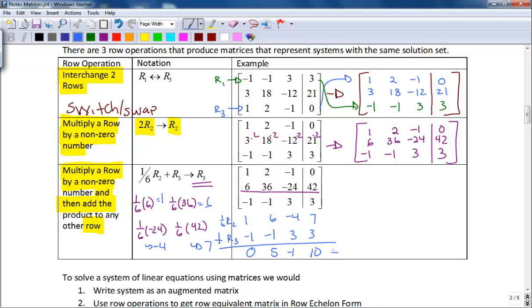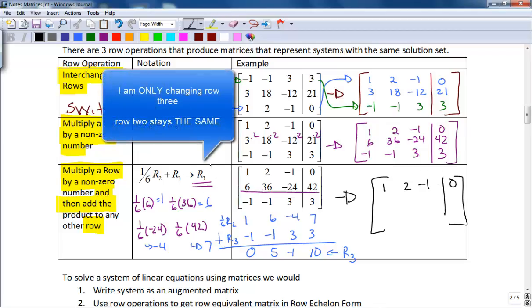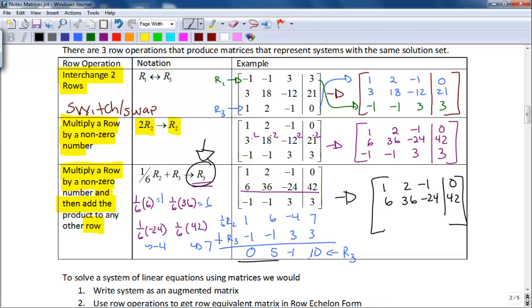So this becomes my new row 3. So the matrix changes to, well, row 1 did not change. It stayed as 1, 2, -1, 0. I didn't change row 2 because the only row that I'm changing in the end is row 3. So I keep row 2 as 6, 36, -24, and 42. And my new row 3 is 0, 5, -1, and 10.